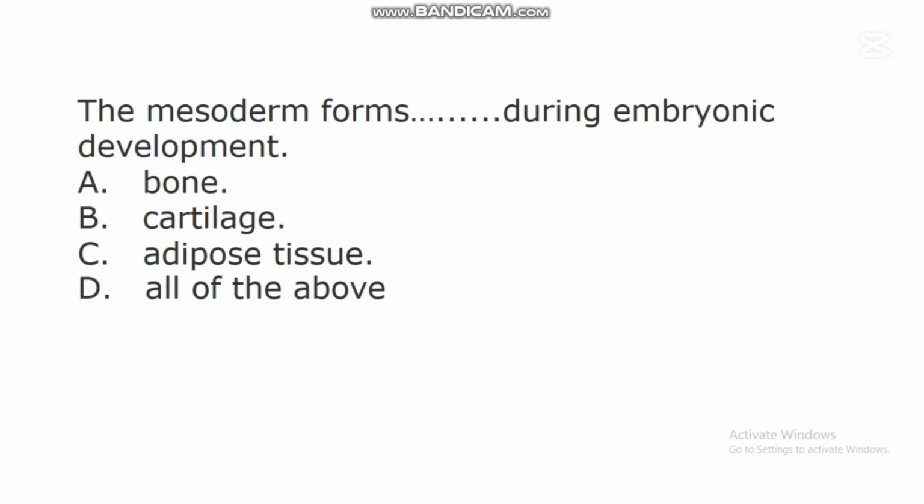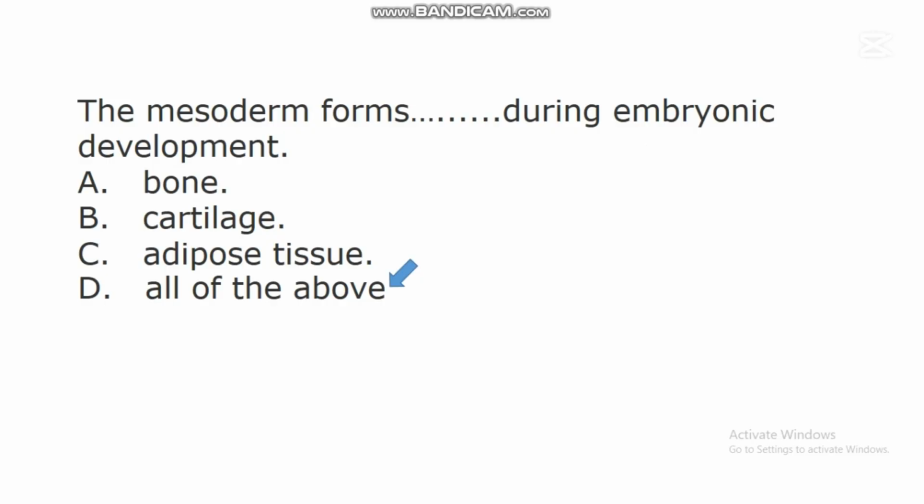The next question says, the mesoderm forms dash during embryonic development. A. Bone, B. Cartilage, C. Adipose tissue, D. All of the above. In this question, the correct answer is D. All of the above.